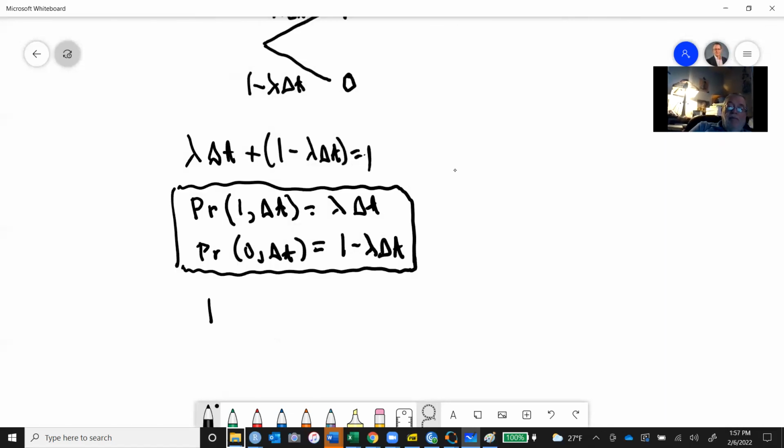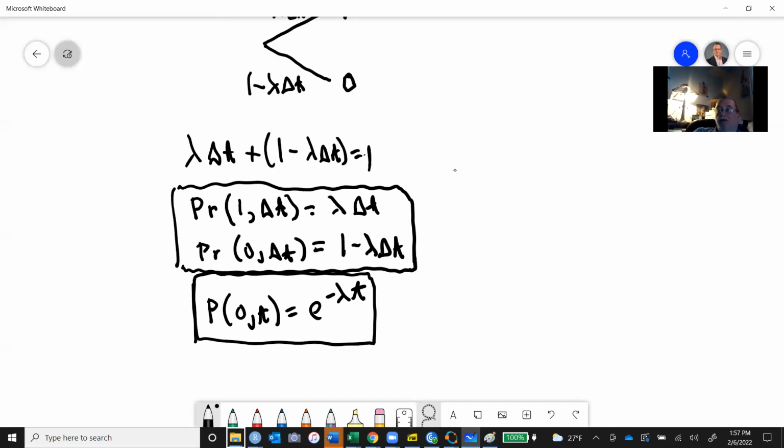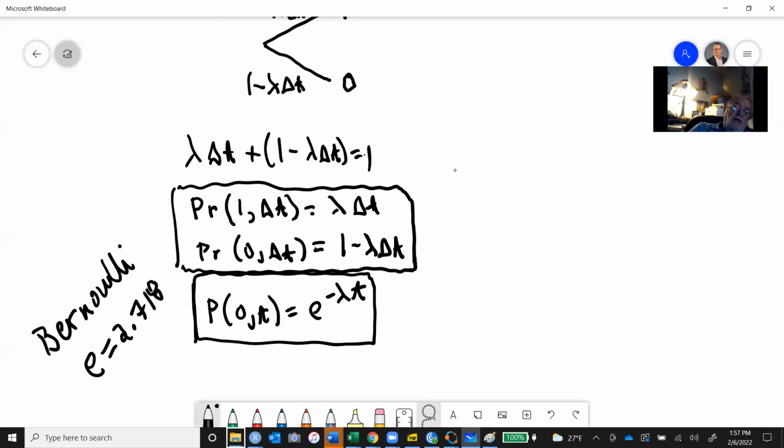We're also going to use this idea from lecture 1. We can actually get this from a differential equation and solve for it, or we can use Jacob Bernoulli, his experiment, where he finds that e equals 2.718, and so on and so forth.